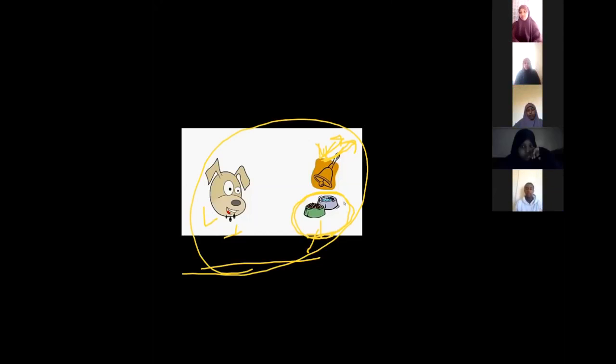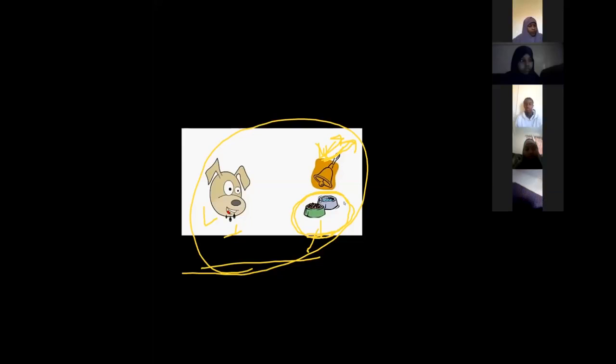Now I want us to look at a comparison between the two. What are the differences between simple reflex action and conditioned reflex action?